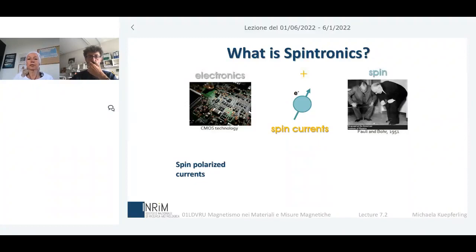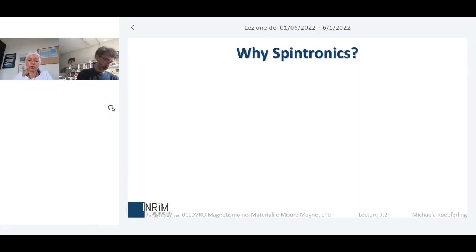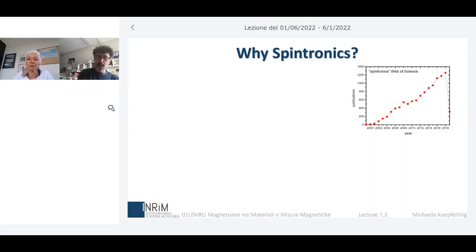But if we could further separate the two concepts, charge and spin, then we could reach applications which have really very big advantages. So we would like to go towards pure spin currents, and we will immediately see why. Although this concept might be a little bit strange for you, because thinking about an electron which divides charge and spin, how can it be possible? It's not possible, of course.